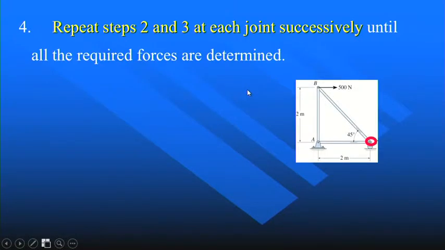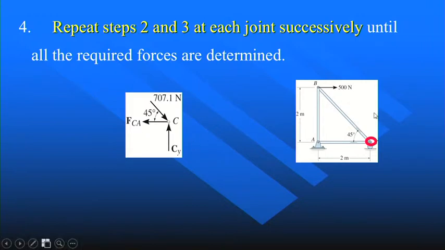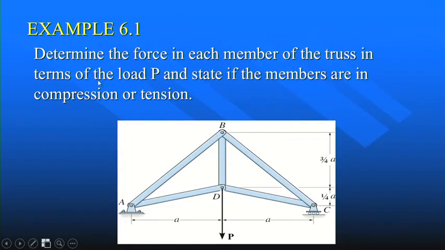For example, here, the next joint is C. So for C, we draw the free body diagram and apply the two equations of equilibrium at C. Then finally, we can solve for FCA. So repeat steps 2 and 3. We can finally get all the unknowns.